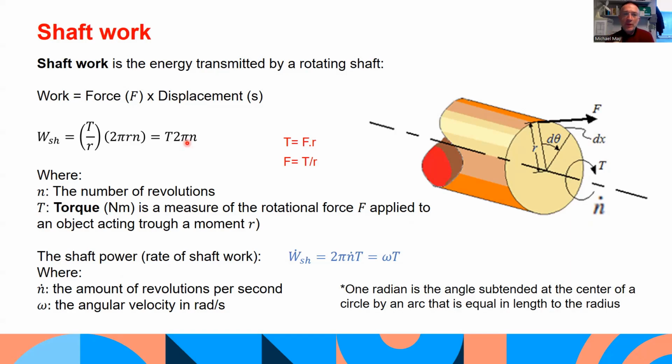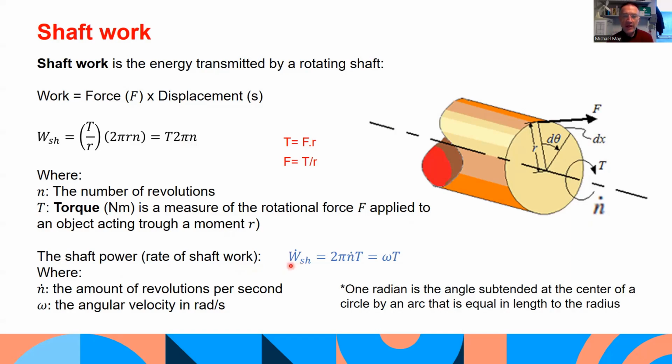Now, seldom do we know the absolute number of revolutions that a shaft makes. But what we do know quite often, and it's easy to obtain, is the revolutions per minute or the revolutions per second. If we have the revolutions per second, we have the rate of doing work, the work done per unit time. And the work done per unit time is what we call the power.